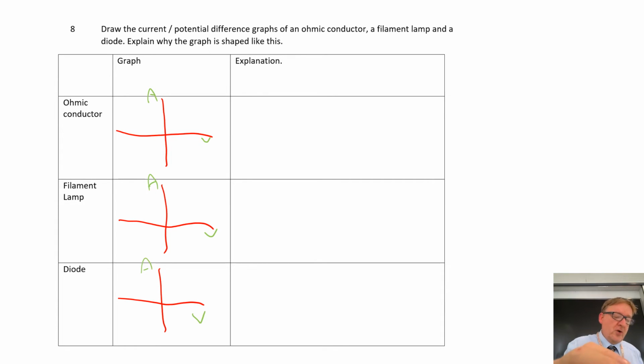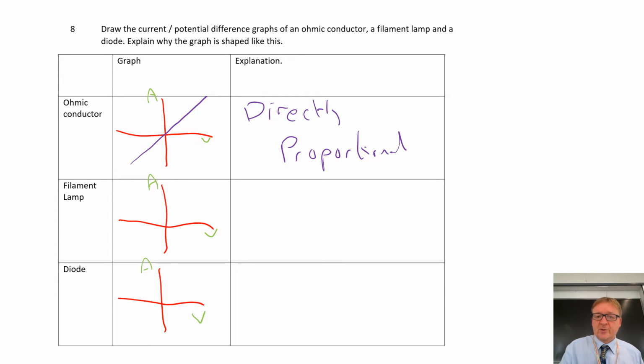Drawing the line, ohmic conductor: what an ohmic conductor is, it's basically a resistor, goes like that. And what that is is directly proportional, which means it goes up the same amount as it goes across.